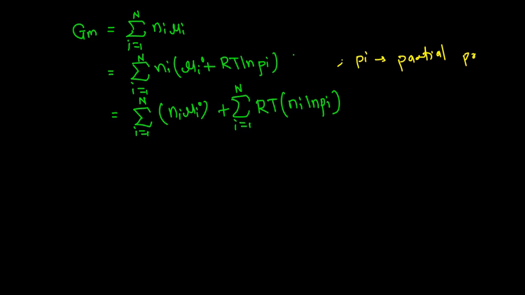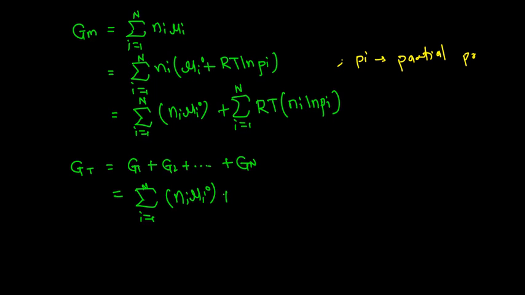But before mixing, the total Gibbs free energy will simply be the sum of individual Gibbs free energies. So the Gibbs free energy total before mixing will simply be the Gibbs free energy of the first component, the second component, and so on till the nth component. So this will simply be again summation i equals 1 to capital N of Ni mu i 0 plus summation.